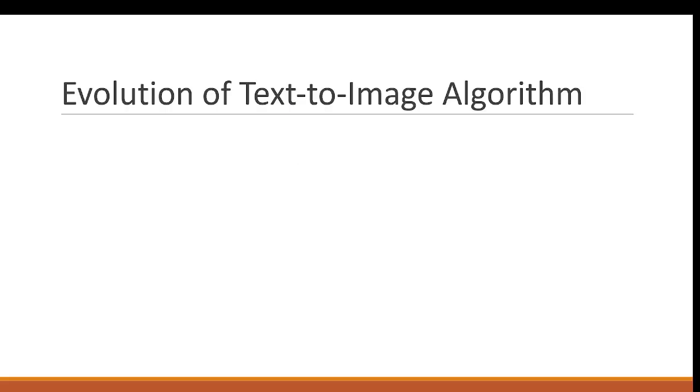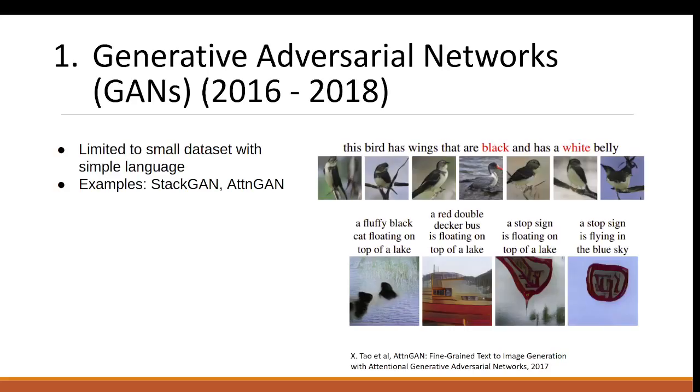First, I would like to give an overview of the evolution of these text to image algorithms. The first one really starts with GANs, which stands for generative adversarial networks. It is a very popular family of models that can create very realistic looking images.